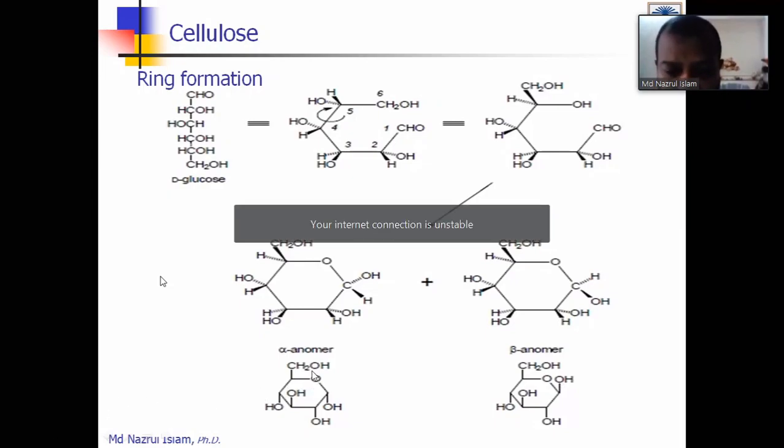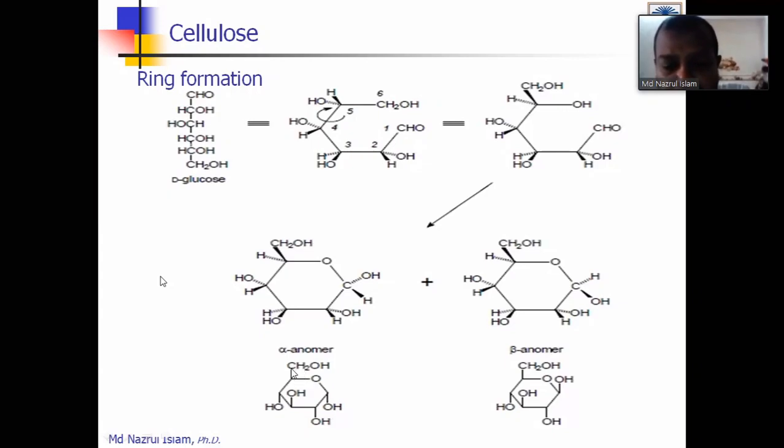In another way, we see CH2OH at the carbon 5 position, and the OH is just opposite. However, in the beta anomer, the carbon 1 position OH and the carbon 5 position CH2OH are on the same side.